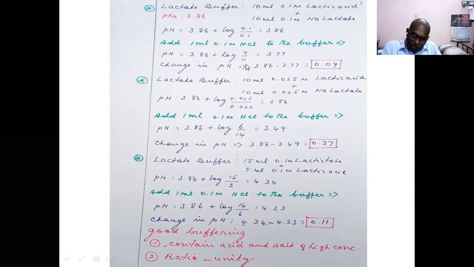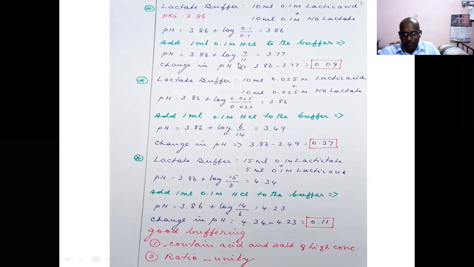Now, when you add hydrochloric acid, it will react with the sodium lactate, generating lactic acid and consuming sodium lactate. Therefore, the volume of the salt decreases and the volume of the acid increases. Therefore, even for a small addition of acid or base, the buffer will not change its pH abruptly.